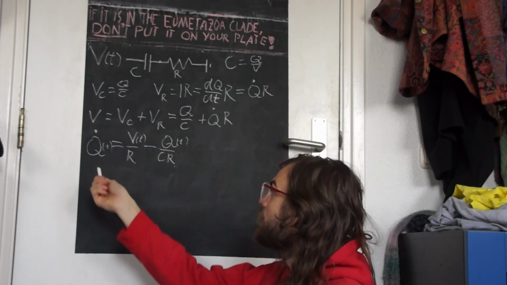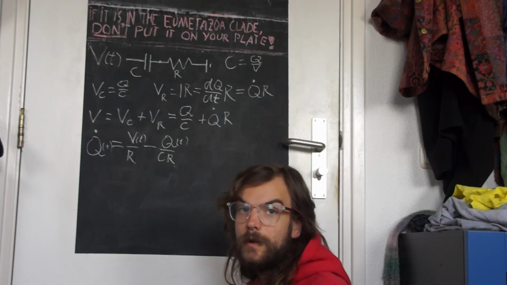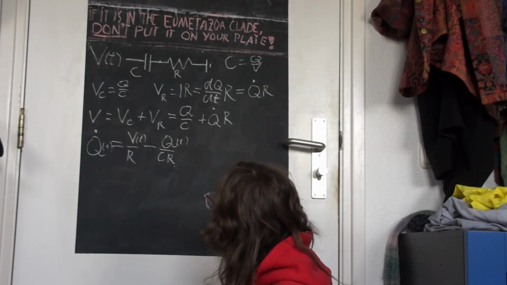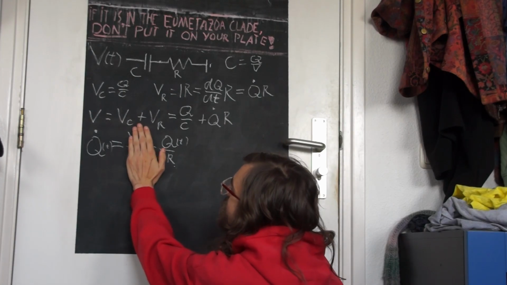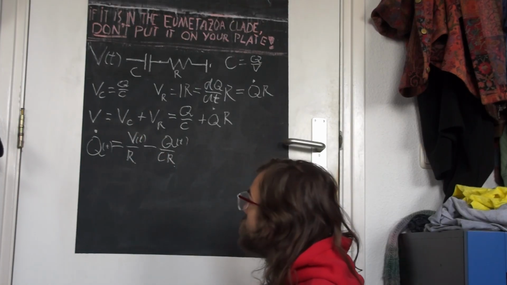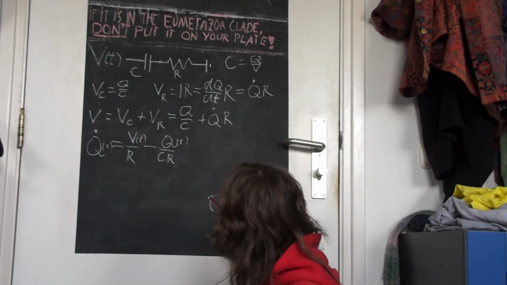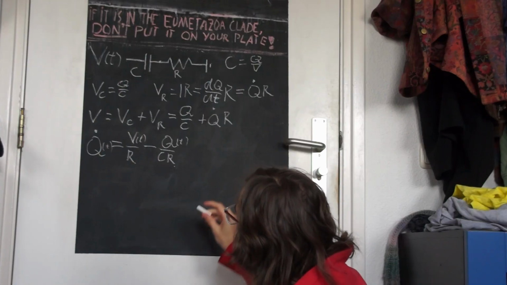This thing here is what's called a linear ordinary differential equation, and to solve it we first have to pretend that this part doesn't exist. That's called the homogeneous case of the ODE, and I'm going to simplify a bit.